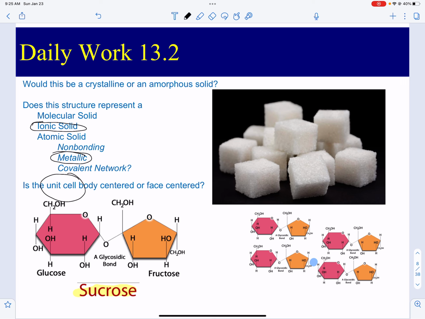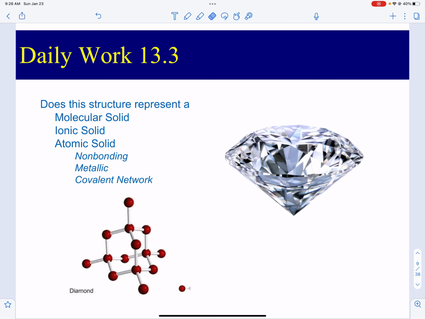Covalent network is just going to be continuous and always the same thing, so there's no such thing as a unit cell. And the non-bonding is just attracted by dispersion forces. So save unit cell for ionic solids or metallic solids. Make sure that you finish this and set up your own answer for this one. And then you have this one.